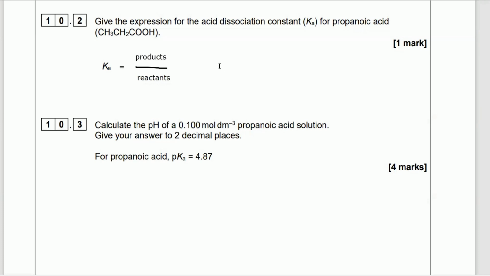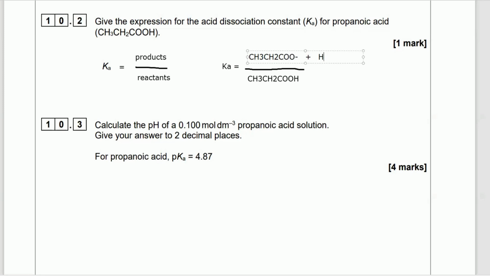What we have to think about when we're dealing with the dissociation of a weak acid like propanoic acid is, what are the products? Well, propanoic acid would be the reactant, so that's CH3CH2COOH. What would it break down into? You should remember that propanoic acid will break down into propanoate ions, which is CH3CH2COO with a minus sign because it's a negative ion. And those hydrogen ions will come off.